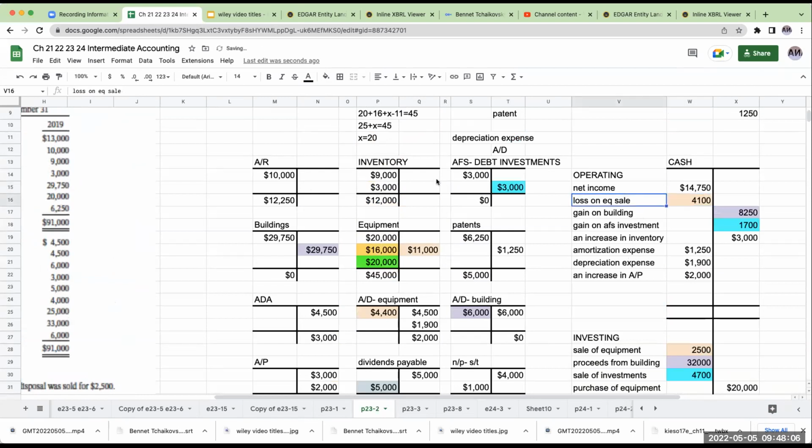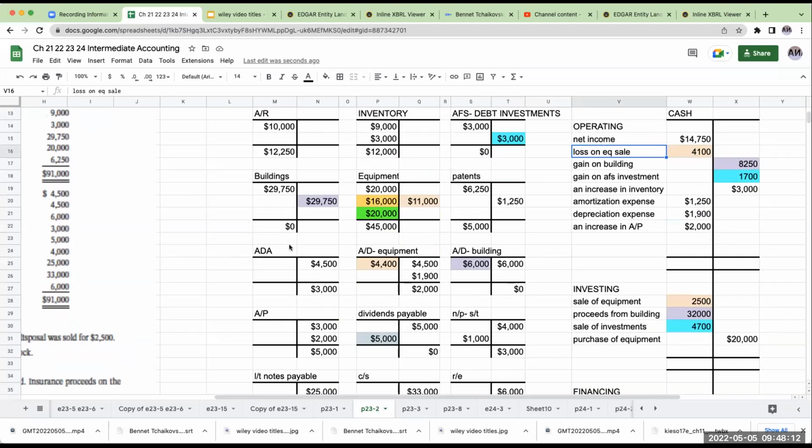Now we've gone through and have done everything. And when we look at where we are here, this is what's really messed up. With the allowance for doubtful accounts, in a real life situation, I'm going to go here and say 3,000 of 4,500. I'd say, oh, I'm increasing this by 1,500.